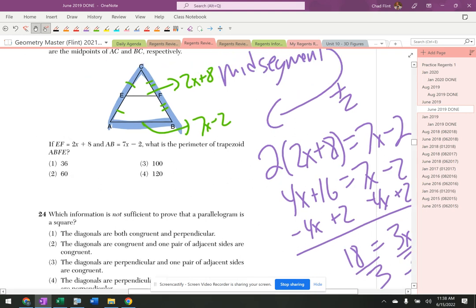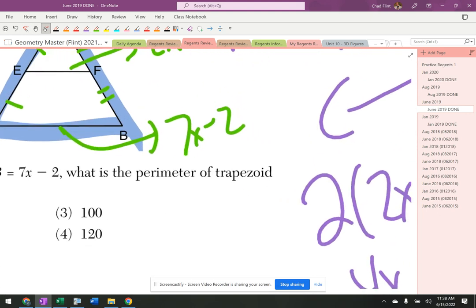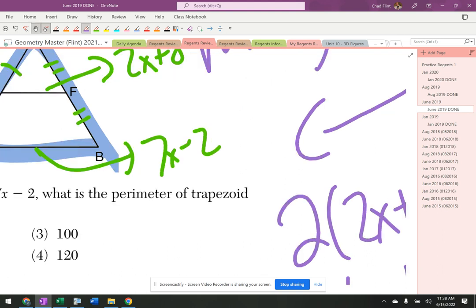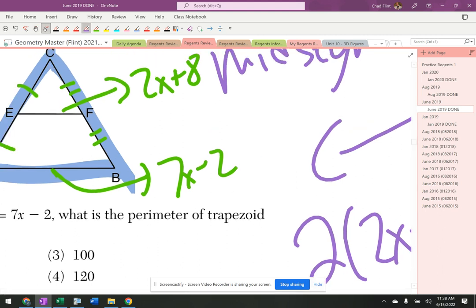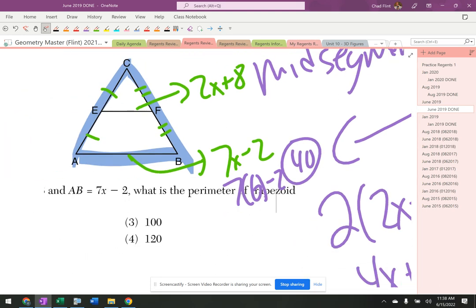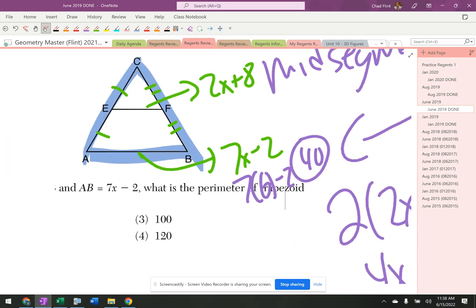All right, so x is 6, which means that this bottom side is 7 times 6 minus 2, which is 40. So that means that this is 40.